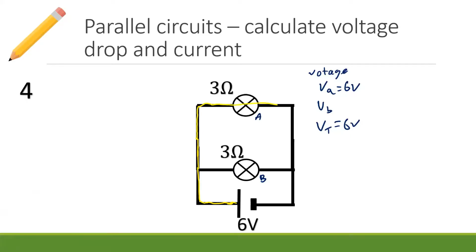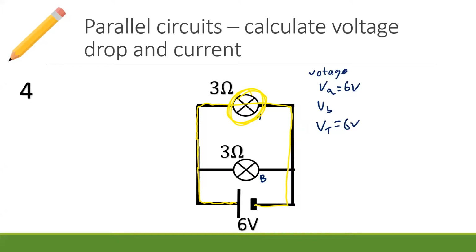It goes through the light globe and it goes back down to the battery. It's only seen one item in its travels. So that means it has to lose all of its voltage at that one bulb.